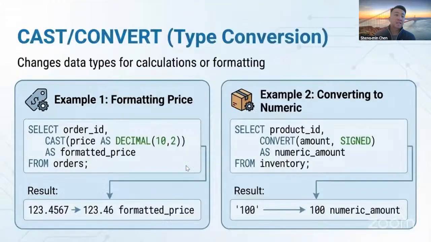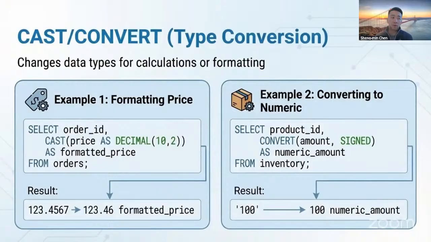Okay, cast and convert. The difference between convert and cast is just that cast in SQL means that you're changing how your numbers are displayed. So you're changing the data type of the number. So you're trying to format it.